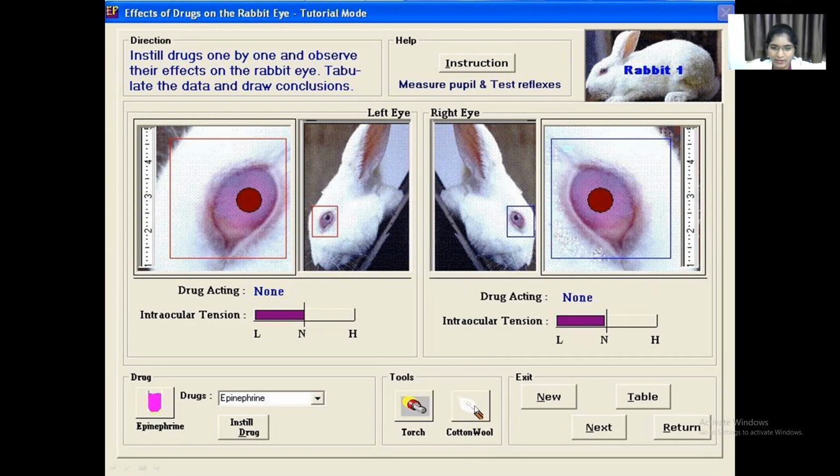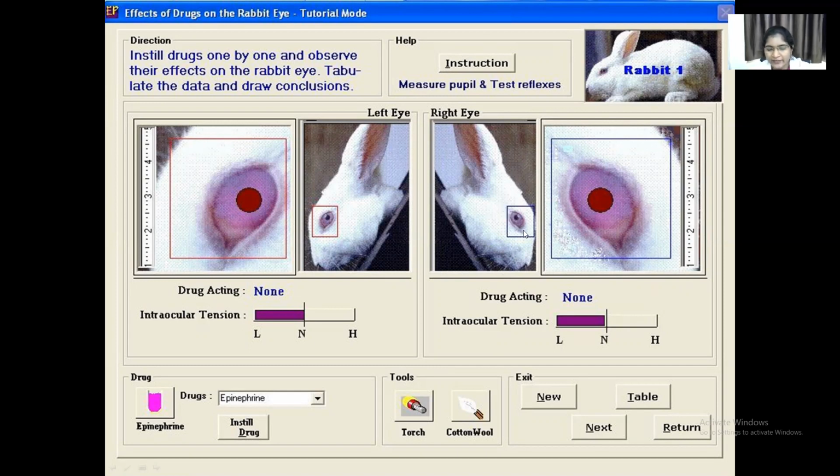Then another parameter is that you have to check the corneal reflex. You can drag the cotton wool from the backside of the rabbit eye and insert it into the eye from the sclerocorneal junction.